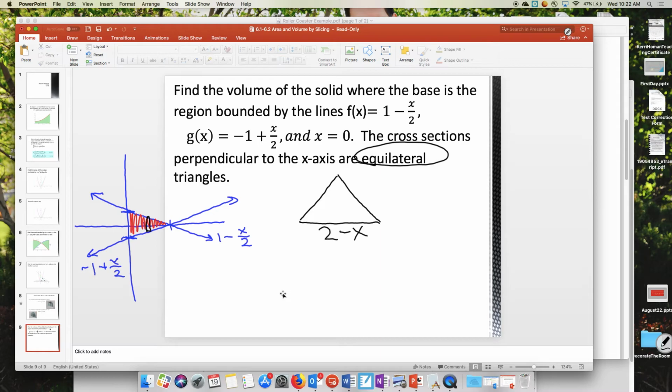So 2 minus x is the base of our triangle in this case. If it was a semicircle, it would be the base of the semicircle. If it was a square, it would be the base of the square. Okay? Our integral is going to go from 0 to 2 because that's where our region is. And we essentially need to write in the area of this triangle.